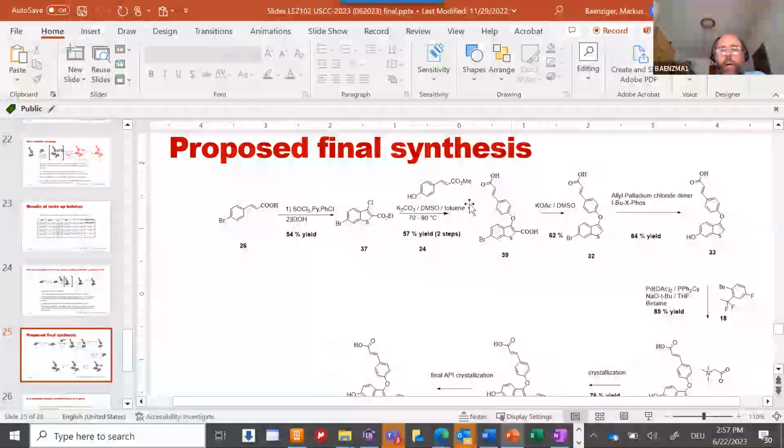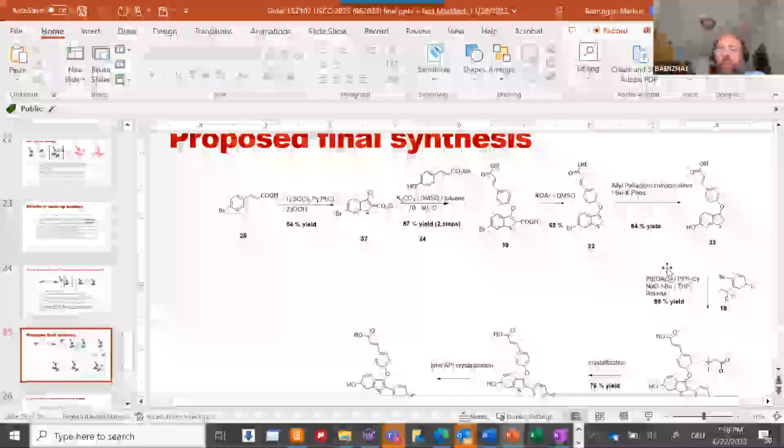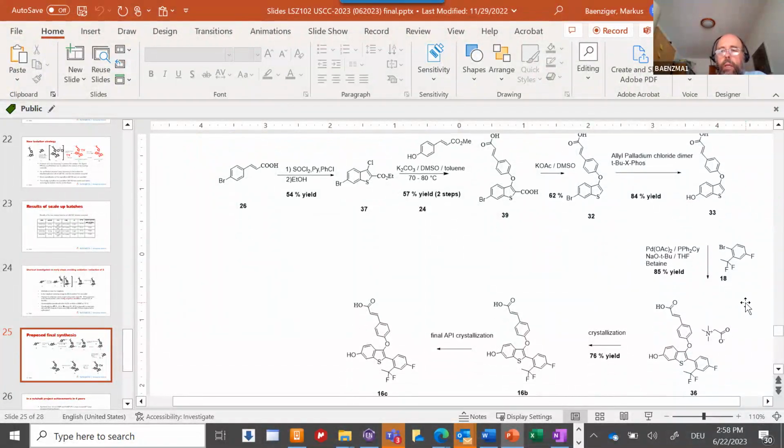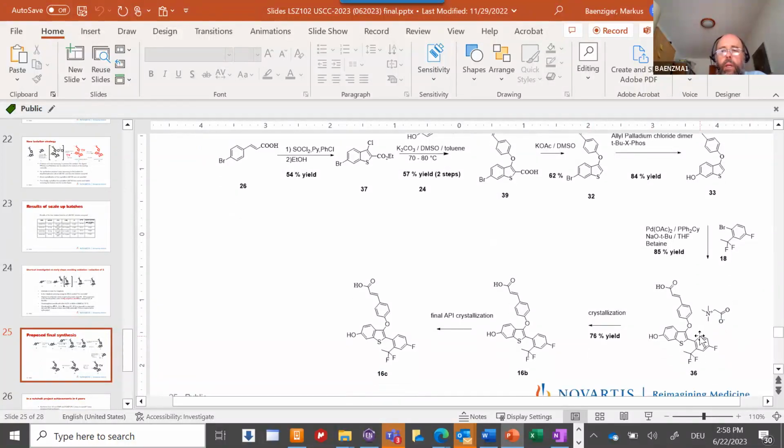And then after hydrolysis, this is isolated as a dicarboxylic acid in 57% yield, then decarboxylation to get this intermediate, then conversion of the bromo to the hydroxy with this palladium catalyst, and then finally the CH activation step, the coupling with the bromo aromatic, isolation as the betaine, and then crystallization of the API as the free acid, removing the betaine, and maybe a final API recrystallization step.